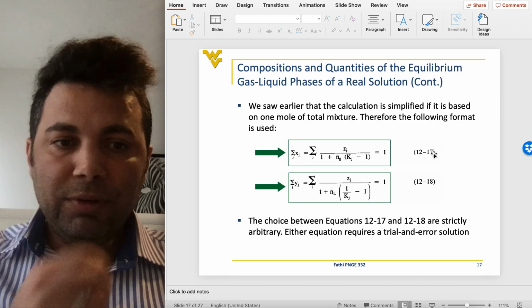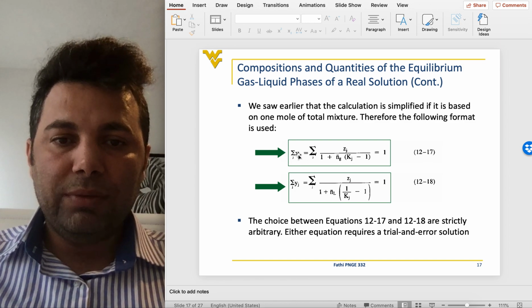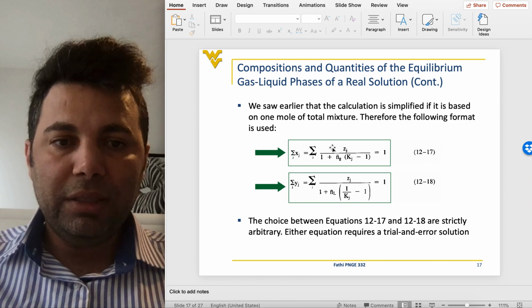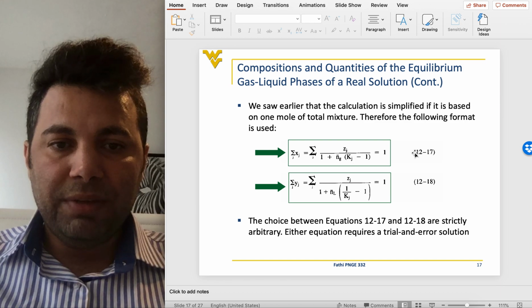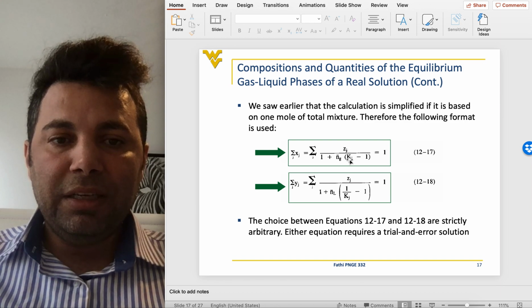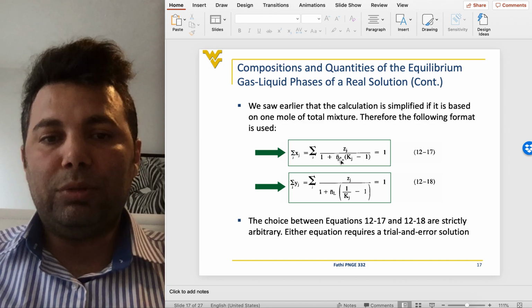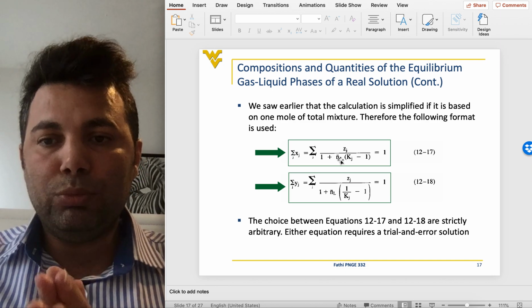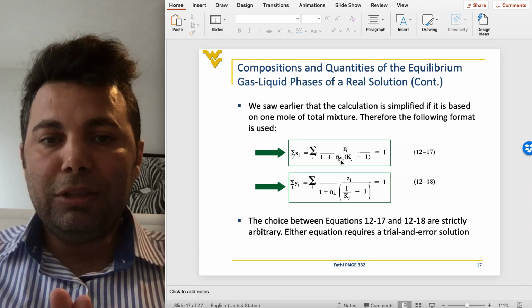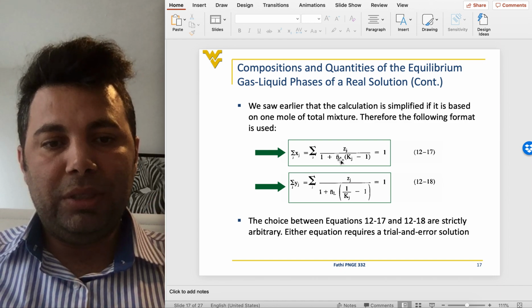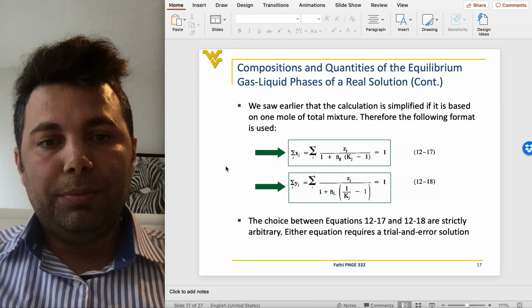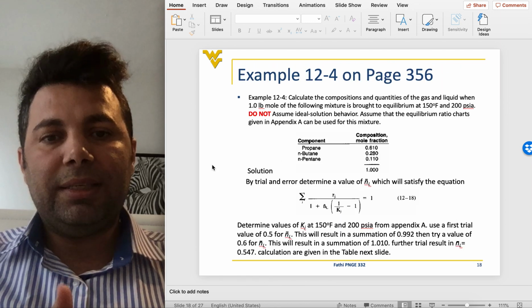So I pick any one of these equations. If I'm going to write for mole fractions of the liquid, I'll pick equation 12.17. The Zj is given, Kj I read from the end of the book, I assume an Ng value, I repeat that assumption, so I assume two values, and then I do the linear interpolation, and I will get the exact number. So let's look at the example.